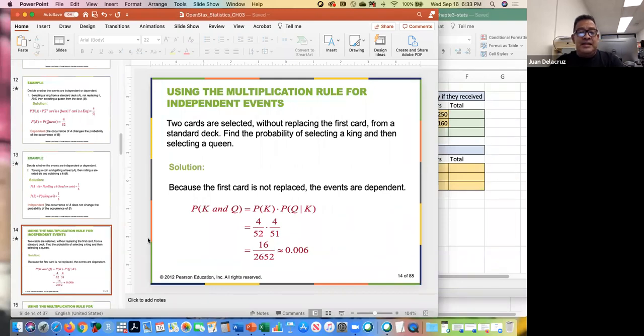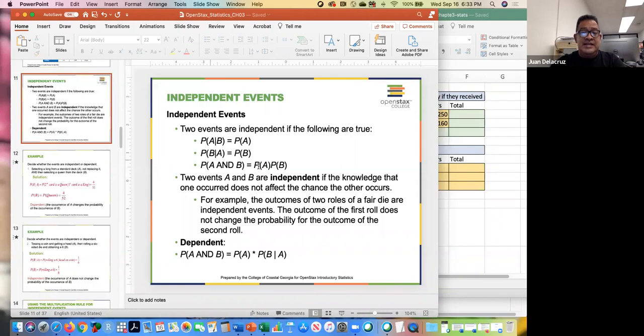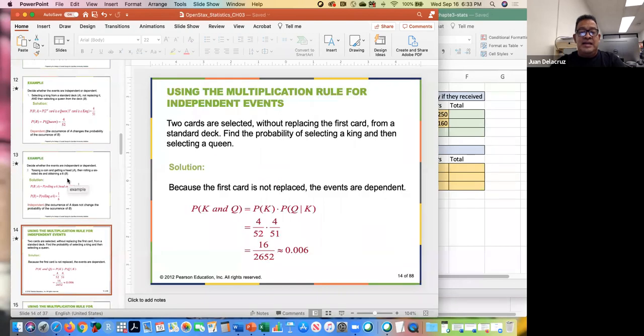We can compute the probability of A and B, of K and Q happening in sequence, by using the so-called multiplication rule. We mentioned that before, I guess, no? Yeah, so this is the multiplication rule. We specify the multiplication rule a little bit more at the end after this. So for the probability of K and Q happening in sequence, we know that this is a dependent event.